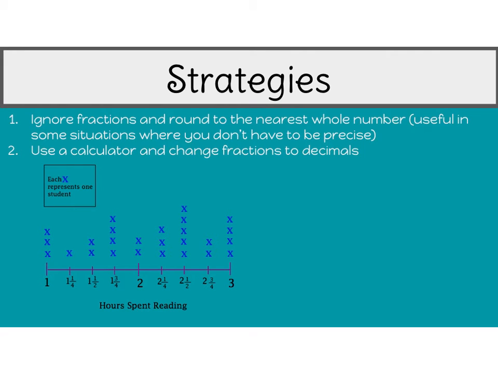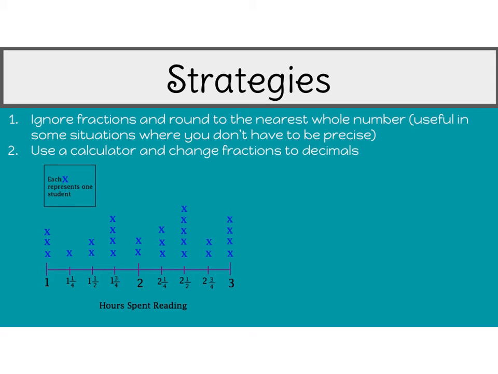But in this instance, what do you think? Do you think that we need to ignore the fractions and round to the nearest whole number? Look at your data set here. Look at how many x's we have for each of these data points. There's quite a few. So for this particular one, I don't think we want to ignore the fractions.